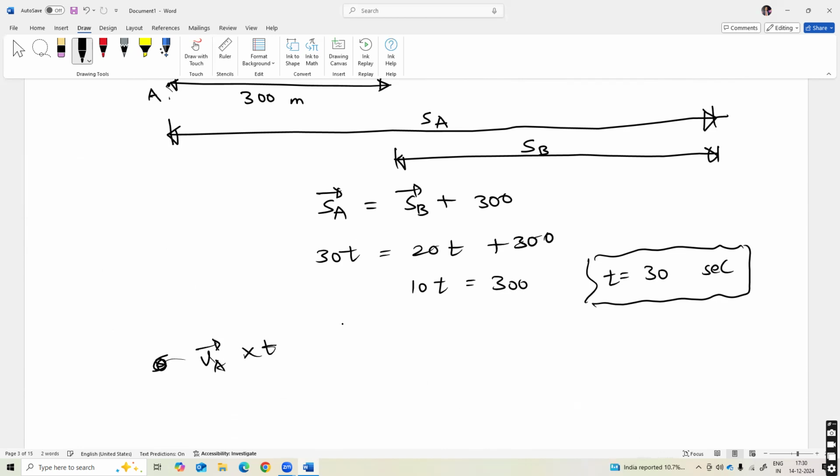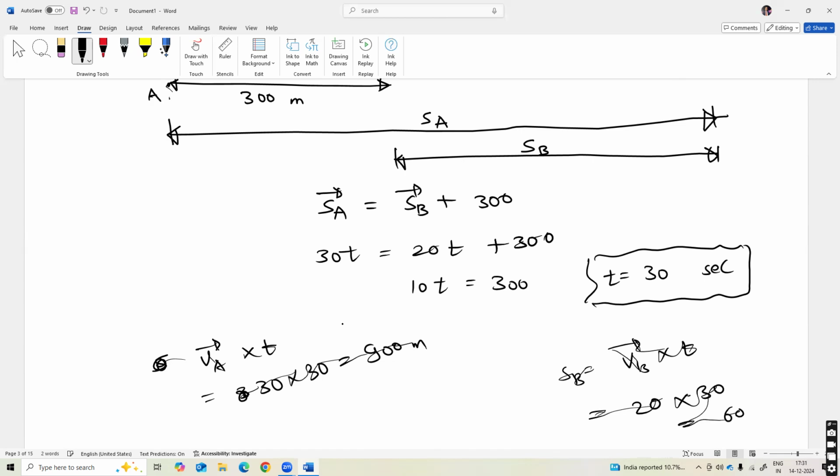So it will be 30 into 30, that will be 900 meters. In similar manner, B has also traveled for 30 seconds, and the velocity of B is 20 meters per second. So SB is VB into T, 20 into 30, so that is 600 meters.